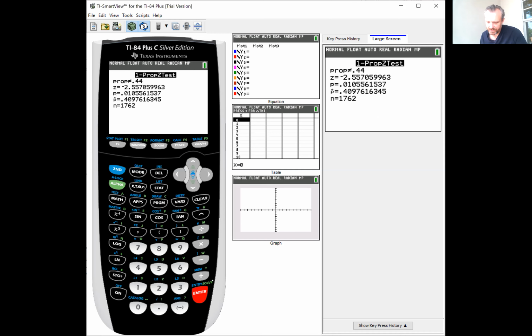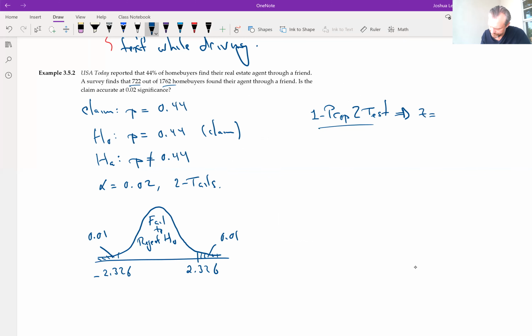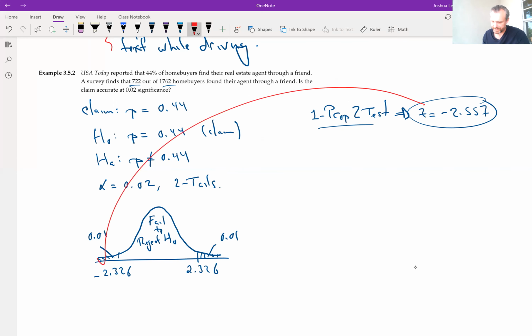So we get z equals negative 2.557. Well, where is that? That's out there. This is a reject H0. Well, in this case, the claim was in H0. So rejecting the null is also rejecting the claim.